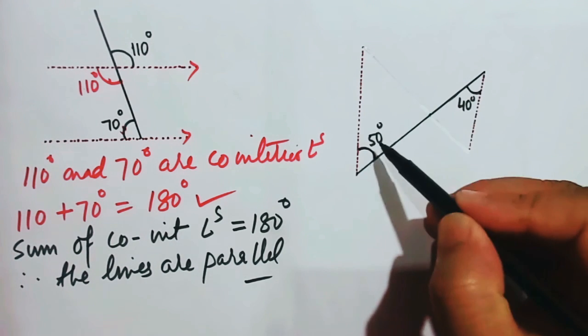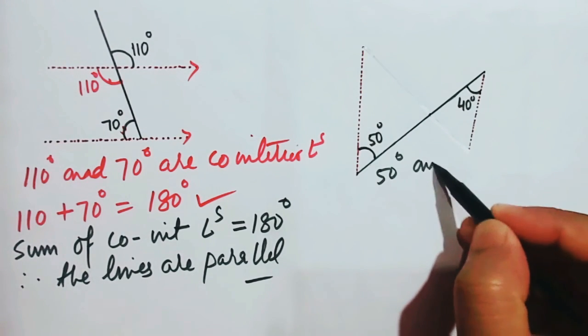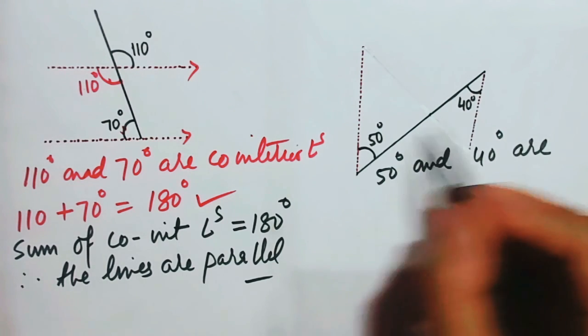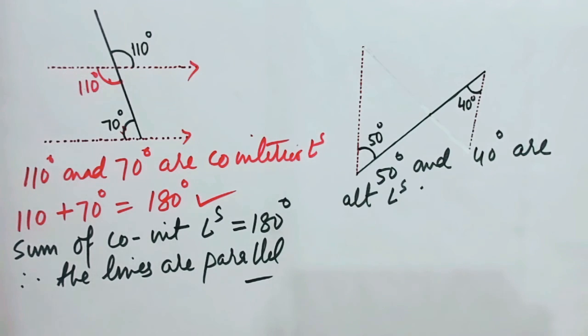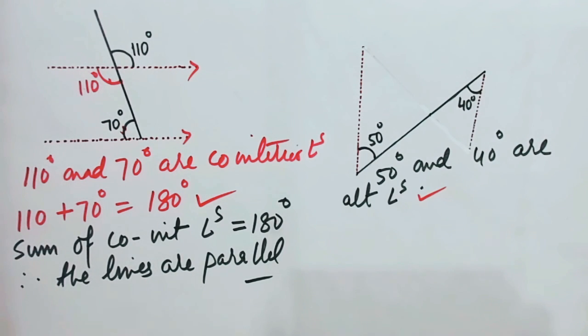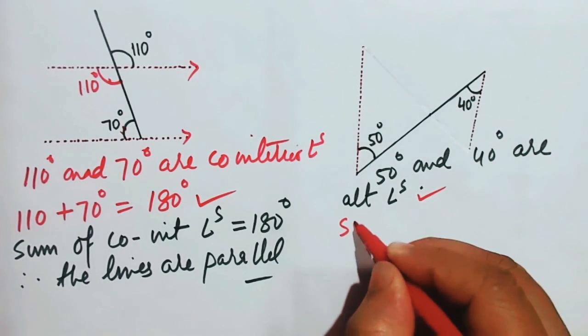I find that this 50 degree and 40 degree are alternate angles, but these alternate angles are not equal.